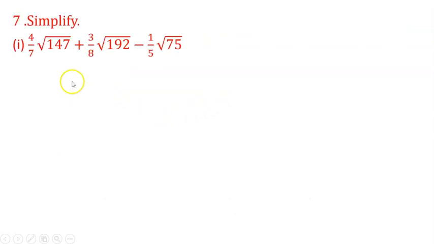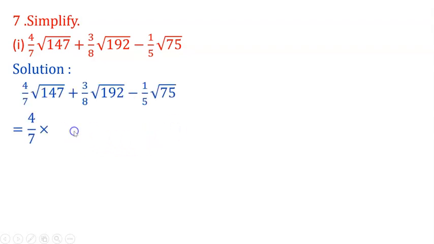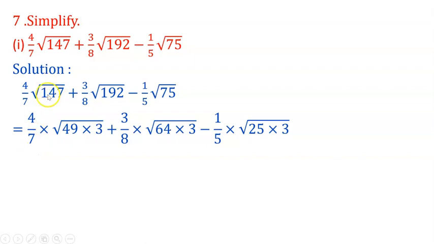Now, question number 7. Simplify 4 by 7 into root of 147 plus 3 by 8 into root of 192 minus 1 by 5 into root of 75. Now, see this here. That is 4 by 7, root of 147 can be written as 49 into 3, plus 3 by 8, root of 192 can be written as 64 into 3, minus 1 by 5, root of 75 can be written as root of 25 into 3.